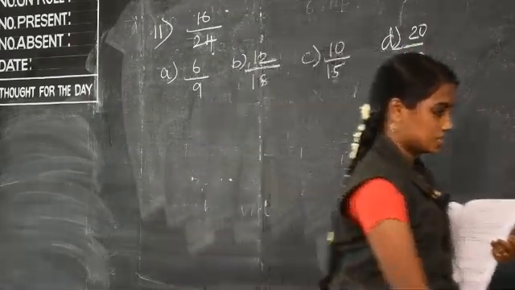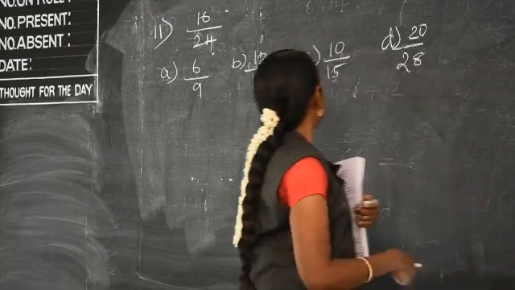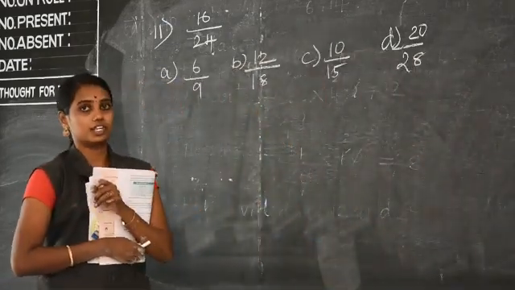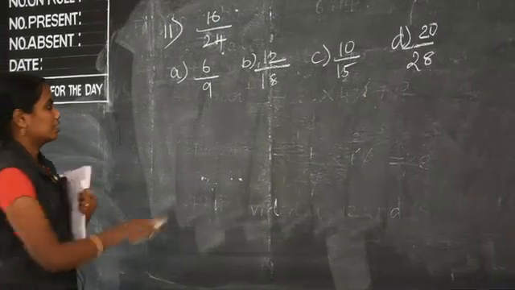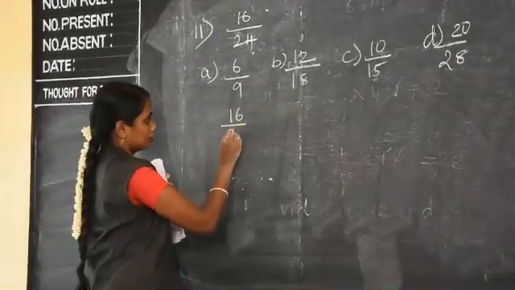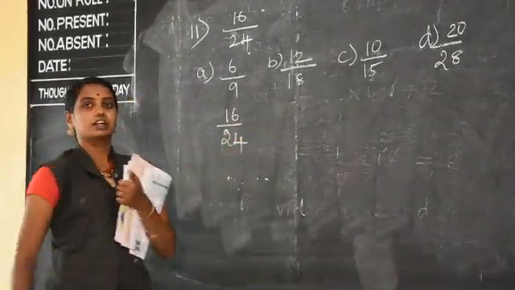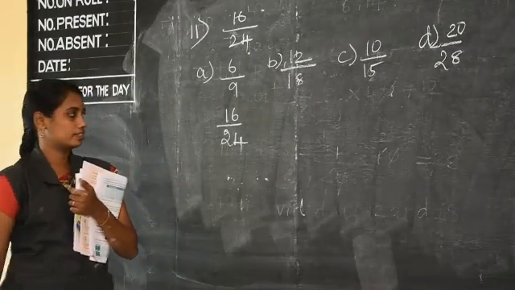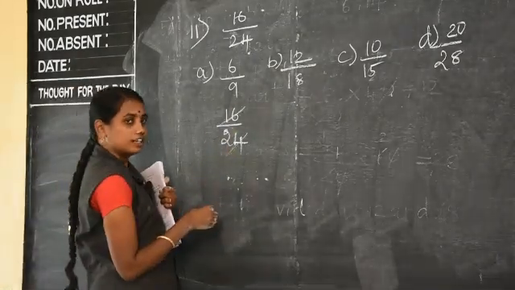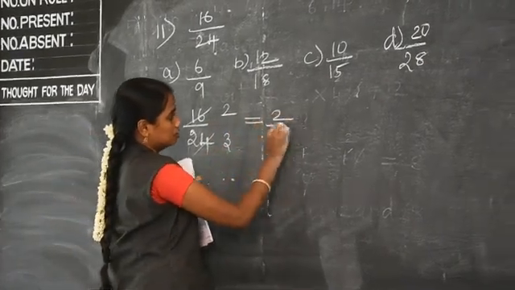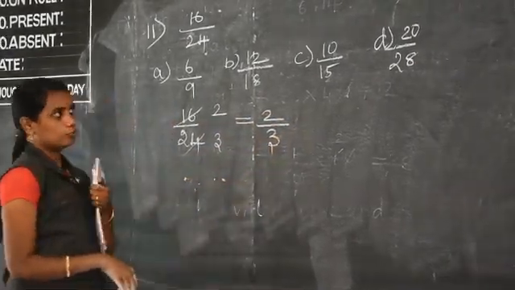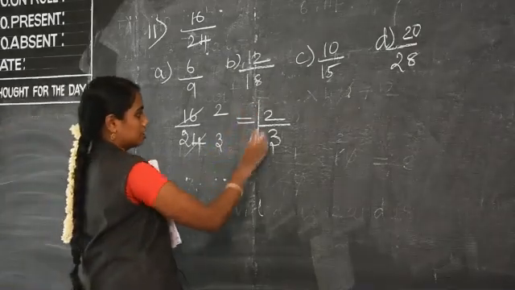The question is, which is not an equivalent ratio of 16 by 24. Write the 16 by 24. Here you can simplify this by 8 table, 2 times, 3 times, 2 by 3. 2 by 3 is the actual ratio.